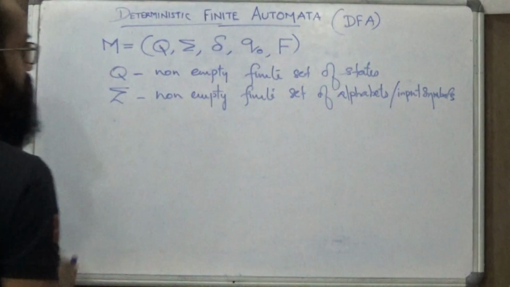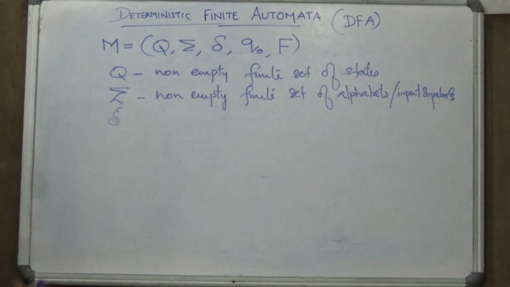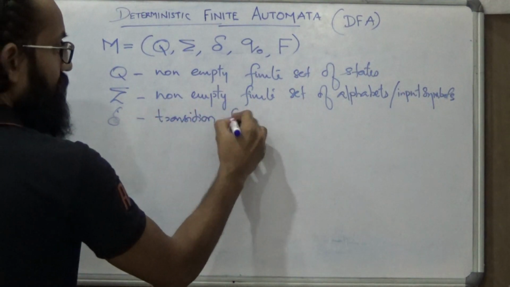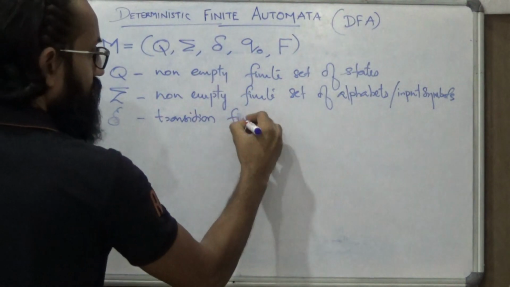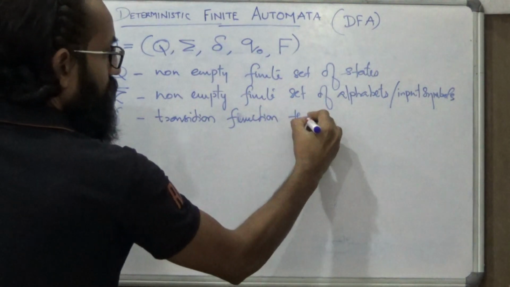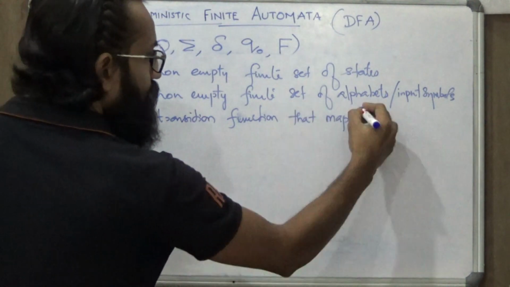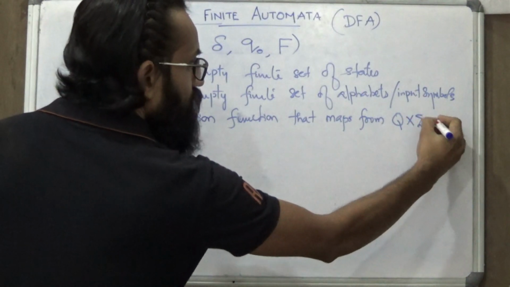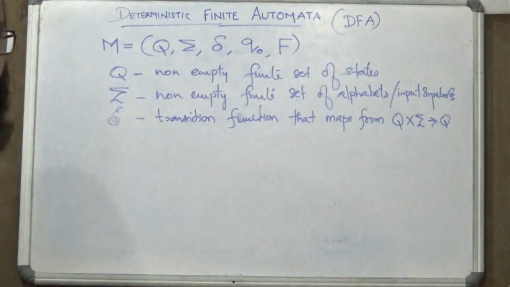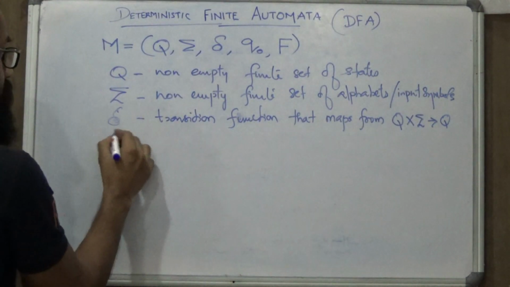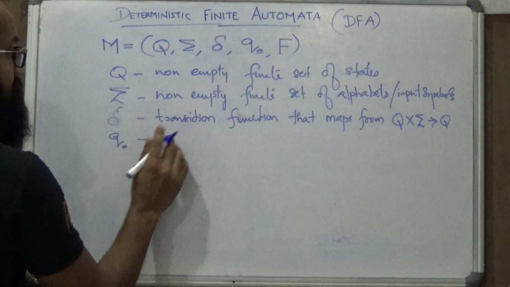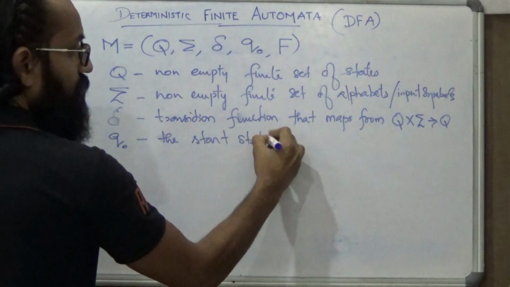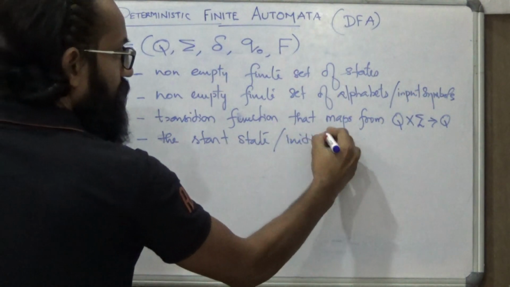delta is the transition function that maps from Q cross sigma to Q. So delta is the transition function that maps from Q cross sigma to Q. Then, as I said, Q0 is the start state or initial state.